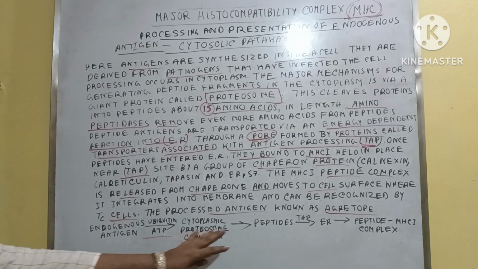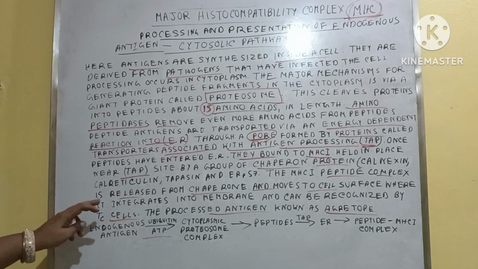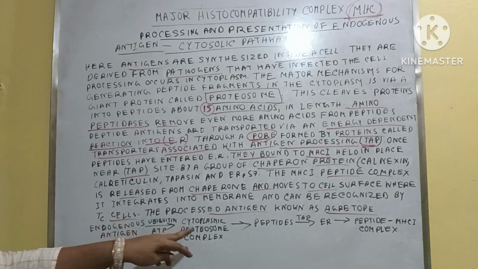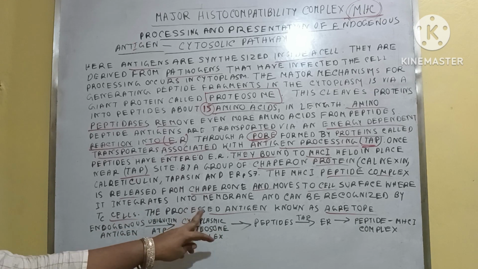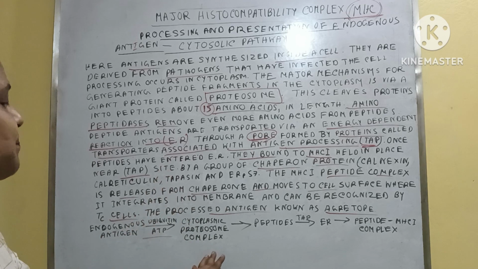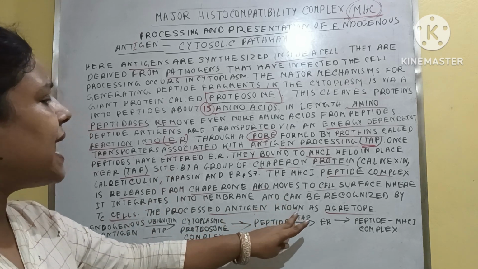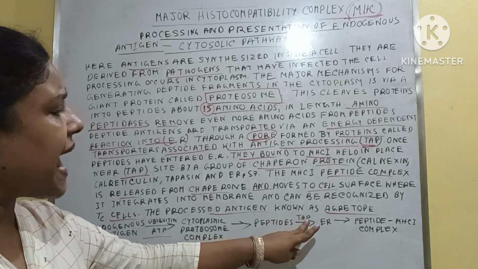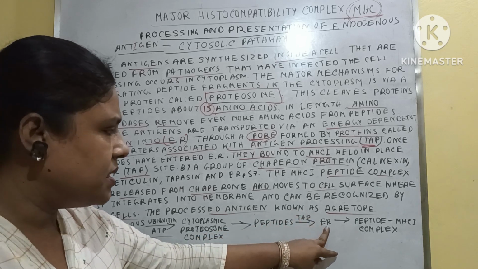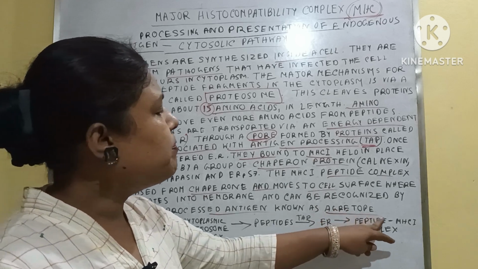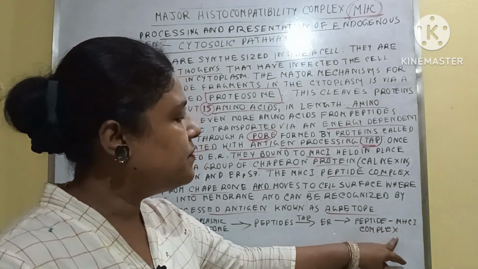So this is the flow chart of how this is possible. Endogenous antigen, then with the help of ATP, the cytoplasmic proteasome complex is formed, and then peptides are formed. By the help of TAP the peptides enter the ER, and after entering the ER, the peptide-MHC1 complex is formed.